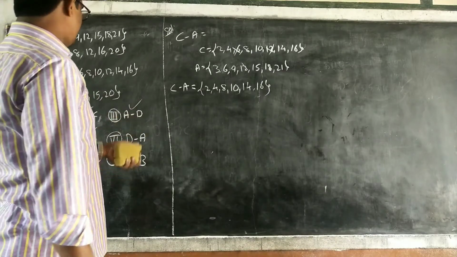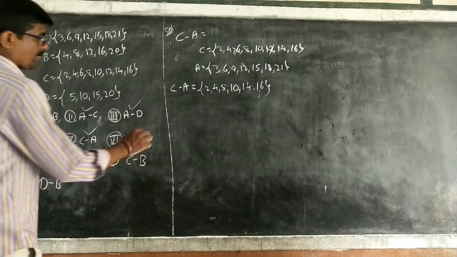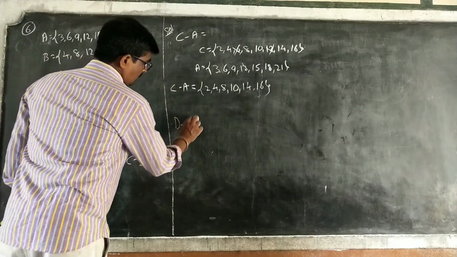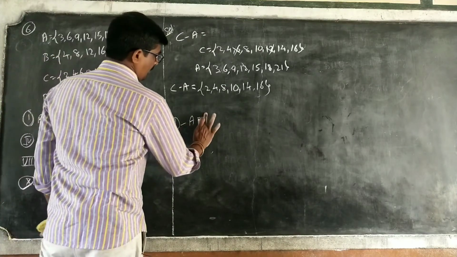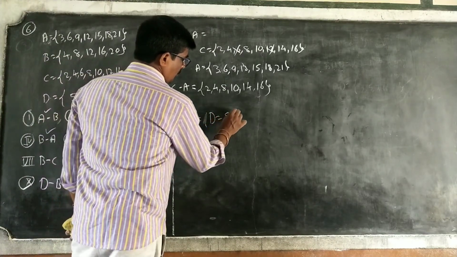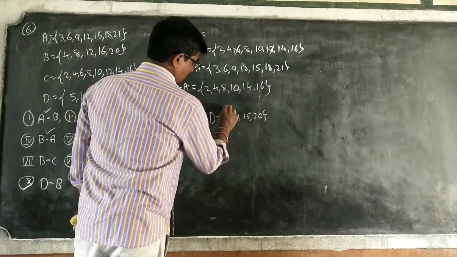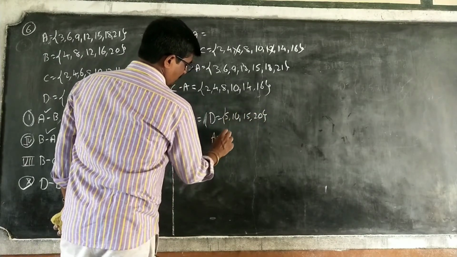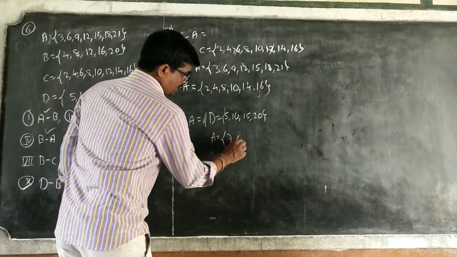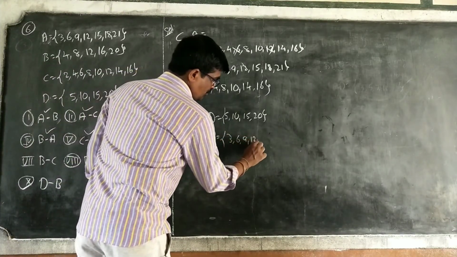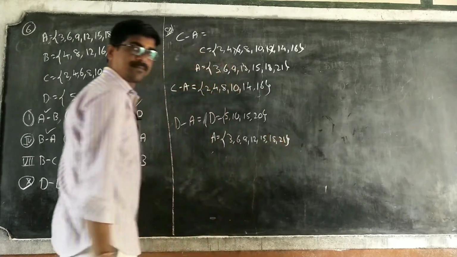Next, same, I have to write D minus A. What is D minus A? Here D is equal to 5, 10, 15 and 20. What is A? A is equal to 3, 6, 9, 12, 15, 18 and 21.